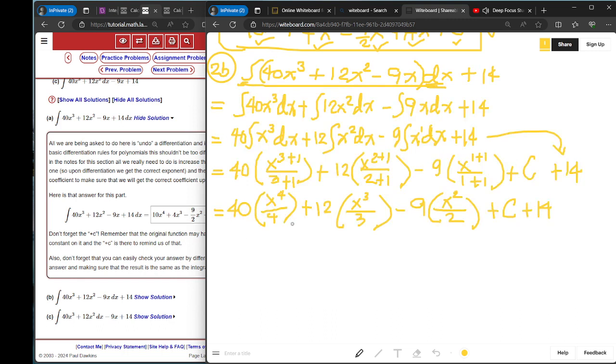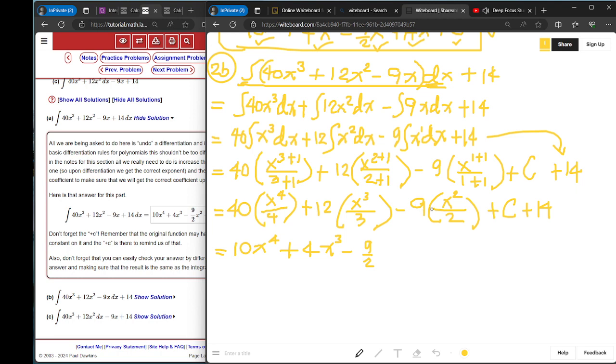And we can simplify, since this is multiplication. 40 divided by 4, or 40 times 1 over 4, is equal to 10, multiplied by x to the fourth, plus 12 divided by 3, so that's 4x cubed, minus 9 over 2.